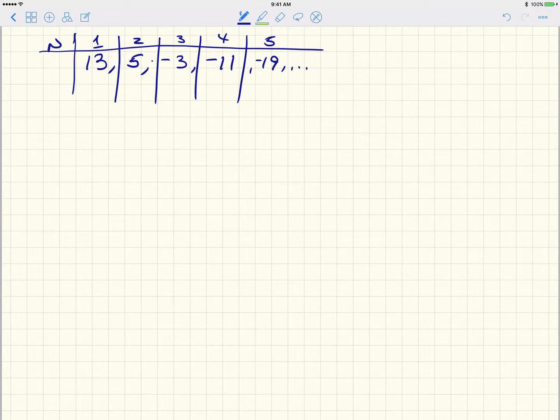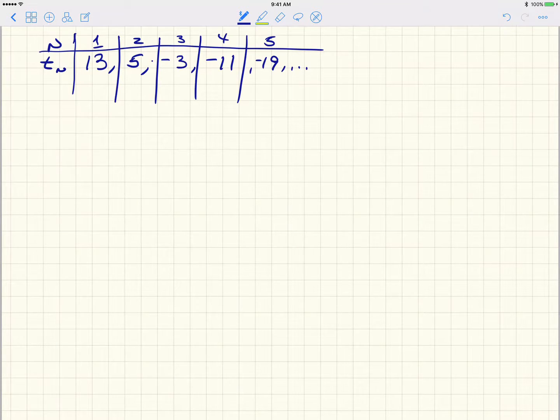We'll call it T. Why not? So then each member of our sequence will be referred to as T sub n.